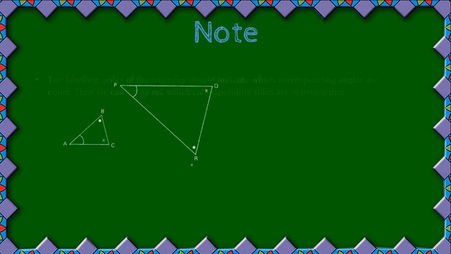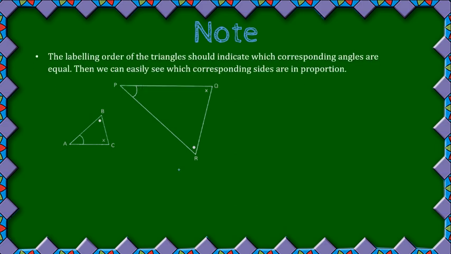Just to note, the labeling order of the triangle should indicate which corresponding angles are equal. Then we can easily see which corresponding sides are in proportion. If we've written that triangle ABC is similar, and when we write similar we use three strokes downwards, meaning similar to, triangle, and then when we name the second triangle, we name it in the same order as their equal angles.